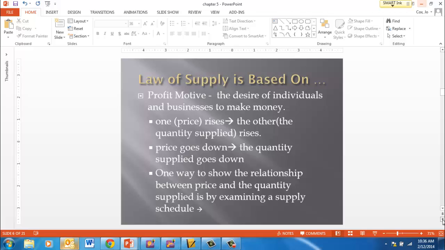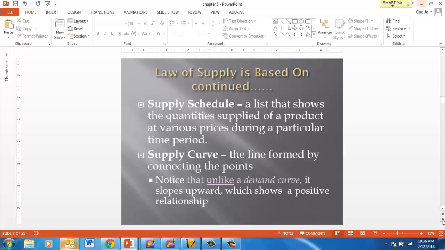Again, one way to show this type of relationship between price and quantity supplied is by examining a supply schedule. Just like a demand schedule, a supply schedule shows the quantities supplied of a product at various prices during a particular time period.